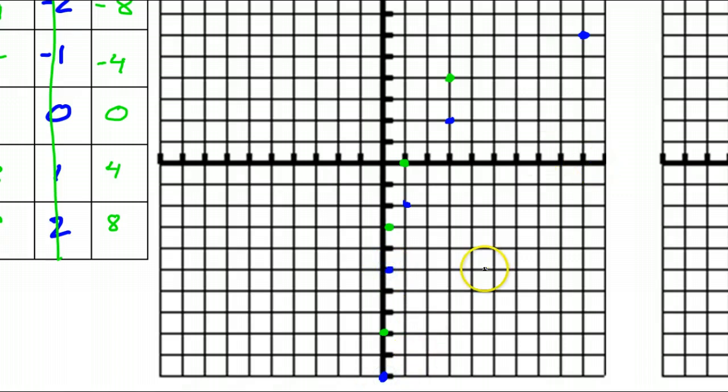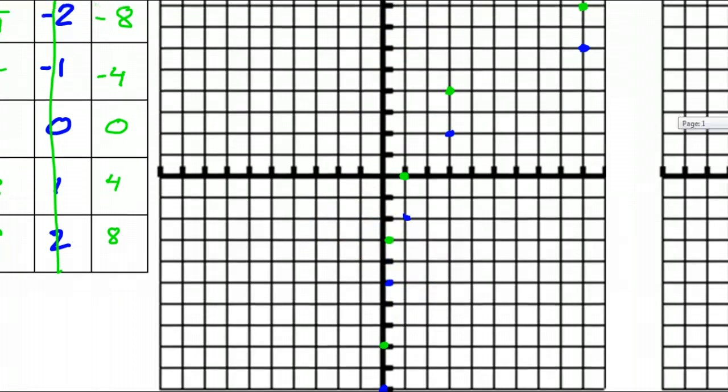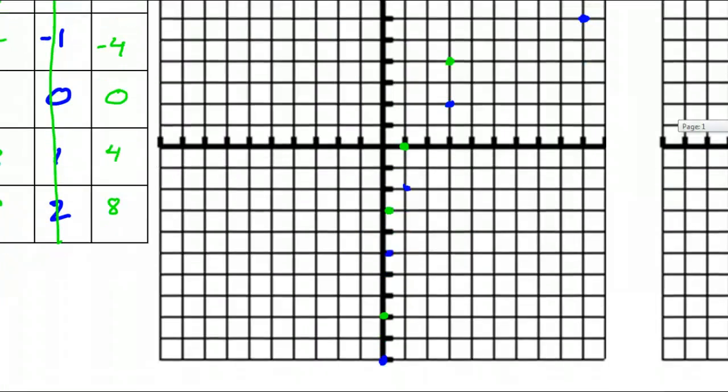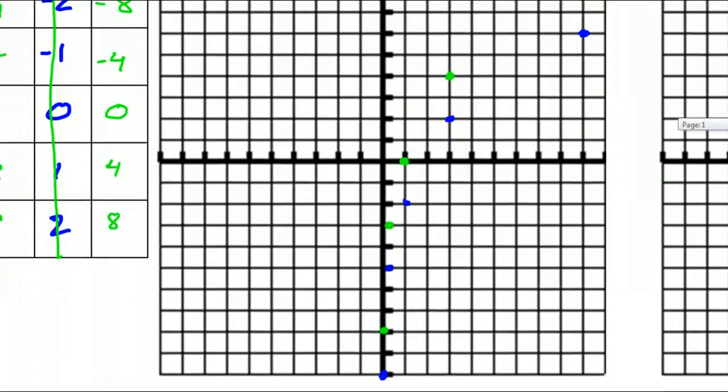So these blue points are the real deal. Now, shifting everything down 2 does not change the asymptote. The asymptote was the y-axis. Moving a vertical line up and down doesn't change anything. So the asymptote is still going to be the y-axis.